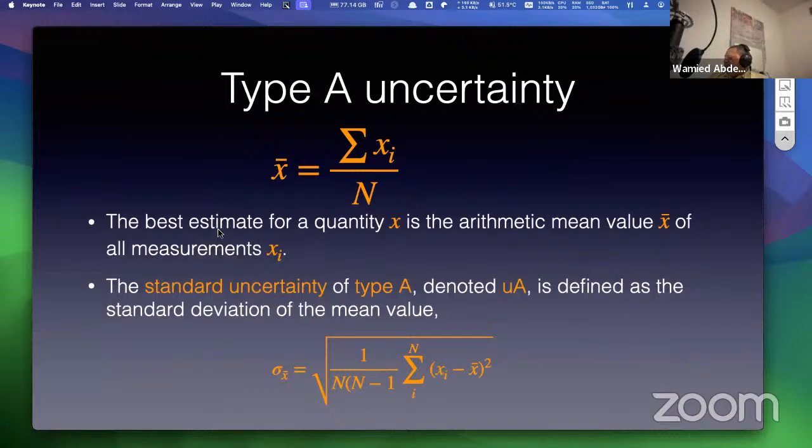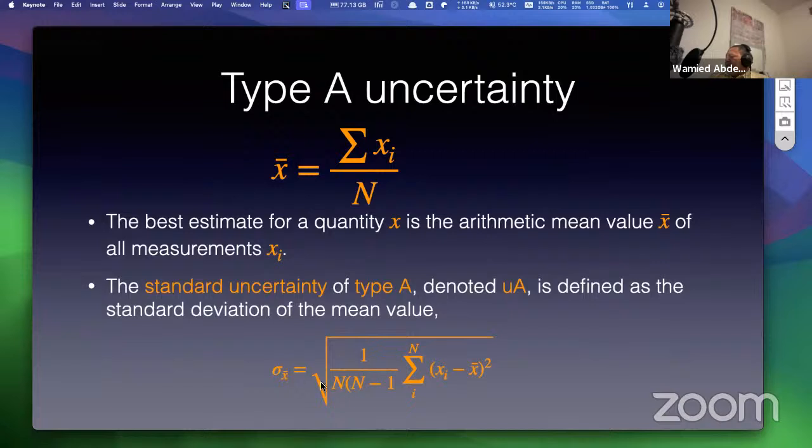So for a type A uncertainty, and this is basically when you repeat the experiment, you get different values. So we can estimate what should be the value we use to calculate the dose, for example, or the quantity of interest by taking the arithmetic mean of the measurements.